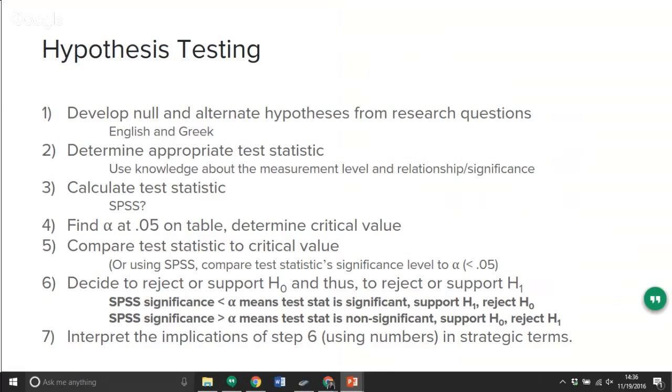So certainly there is a benefit to focusing more on the alternate hypothesis.